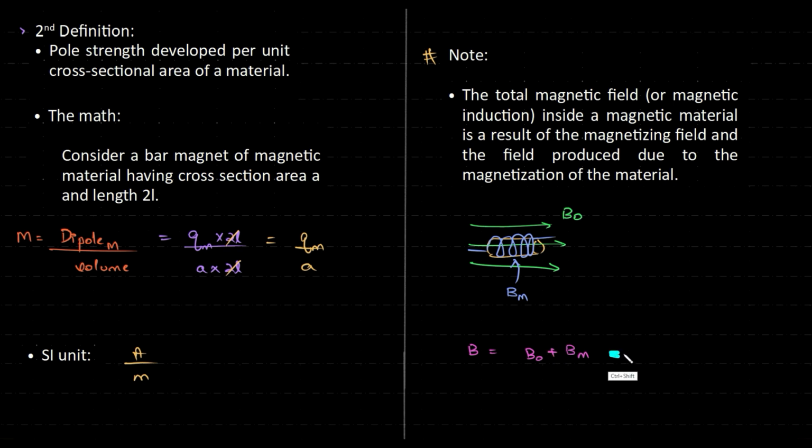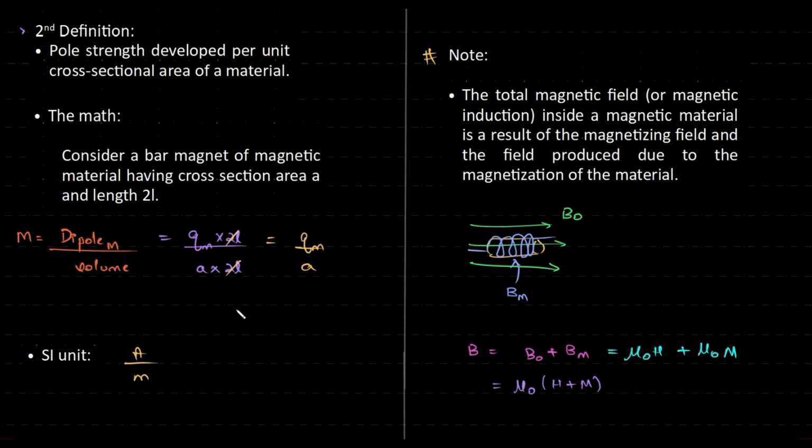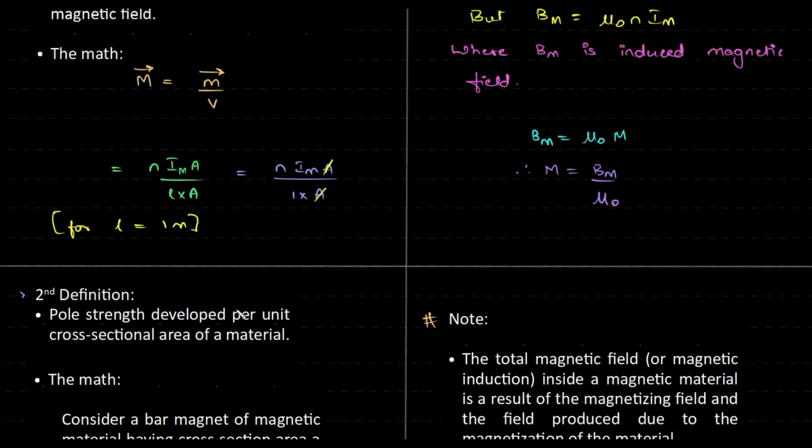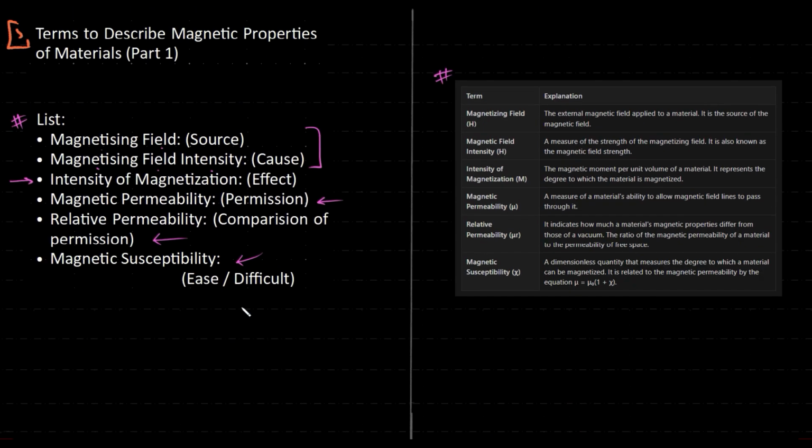B naught is your mu naught H, Bm is your mu naught M. So basically B is mu naught times H plus M. Again, this is commonsensical and you saw this practically also. It's just in the form of a formula. That's it. So you have to write everything, there's no option.